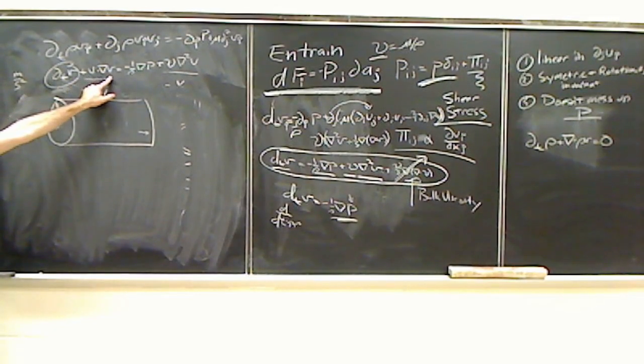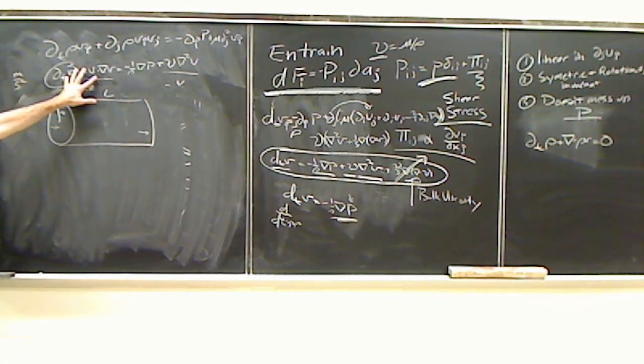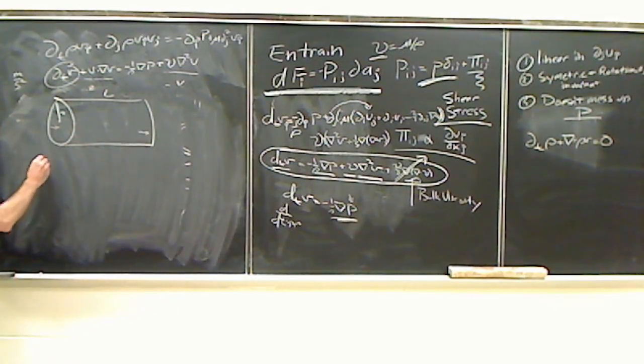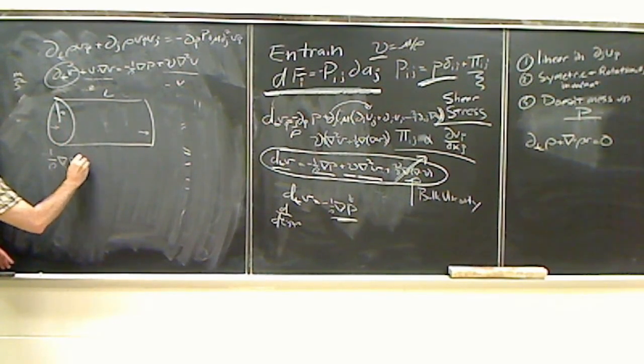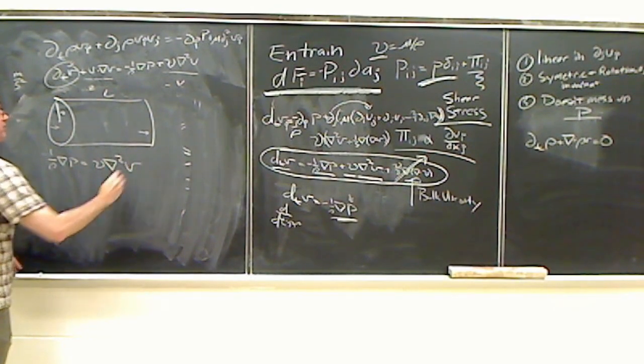So this is the projection of the gradient of velocity along the velocity. I know that that's going to be 0 because whatever I put into the pipe has to come out. So the left-hand side is 0, and I'm left with just the right-hand side. So I'm left with just, put that to the other side, 1 over rho grad P equals nu del squared V.